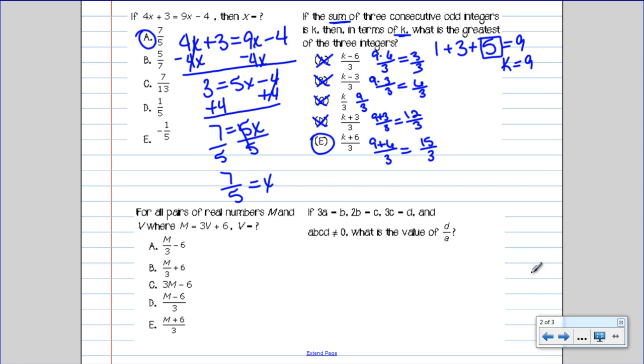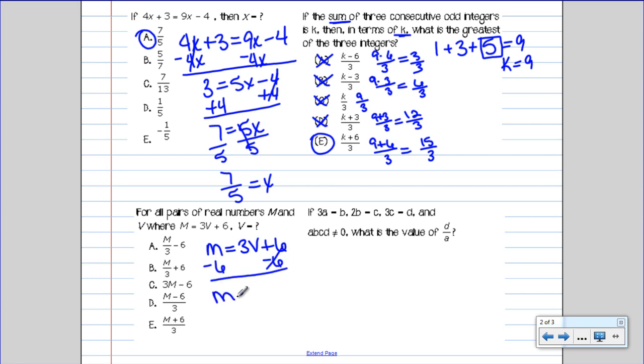Alright, so the next one says for all pairs of real numbers m and v, where m equals 3v plus 6, then v equals. Well, that means I'm going to take this equation, m equals 3v plus 6, and get v by itself because I want to know what v is. So I'm going to start by subtracting 6 from both sides.